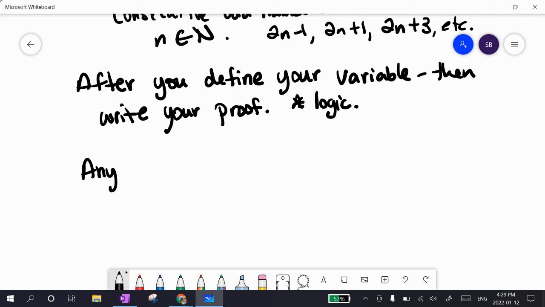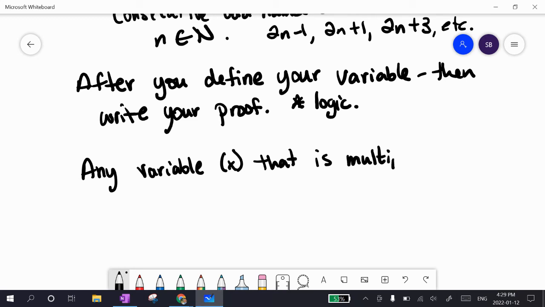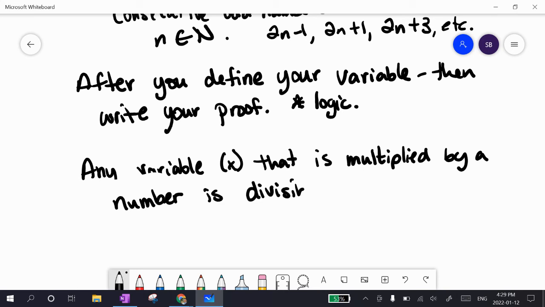Any variable, and we'll just call it x for now, that is multiplied by a number is divisible by that number.